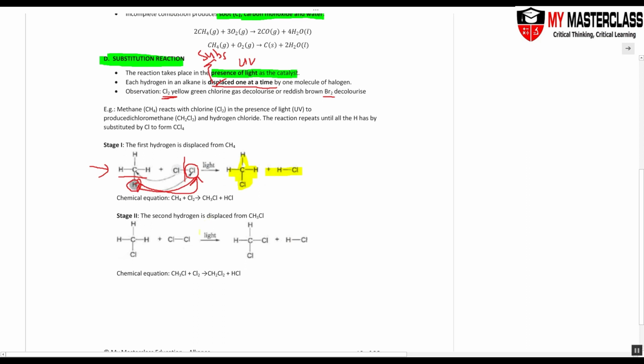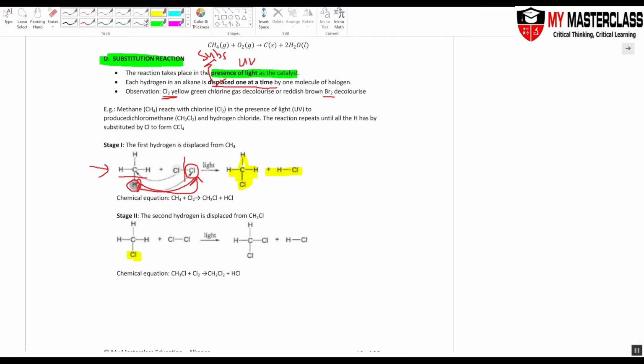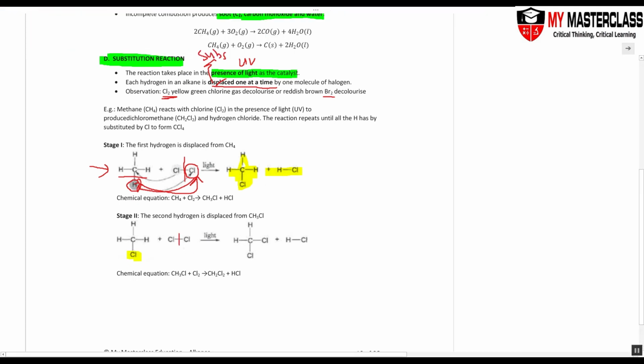Okay, in the second part, you have another chlorine molecule reacting with your substituted one. Same thing, one of the covalent bonds will break in each, and then one of the chlorines comes over here, one of the H goes over there. So you get your dichloroalkane, one alkane with two chlorines, and HCl.